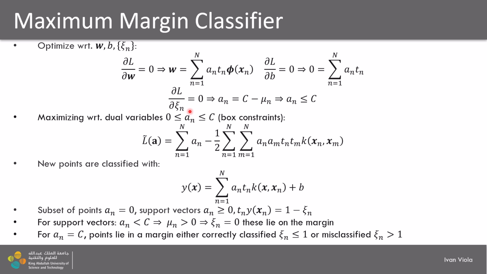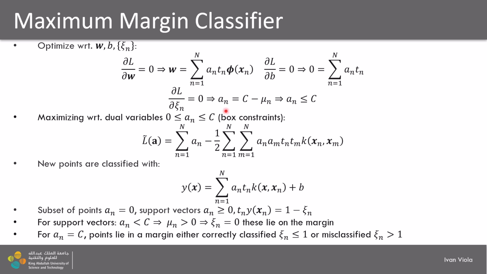So therefore we will have the c here, and then the slack variable is also associated with a negative sum of an multiplied by tn y(xn) minus 1 plus psi n. So the minus an will be part of those terms which remain after the derivative, and then there is the sum of mu n psi n, where the minus mu n will be part of it.